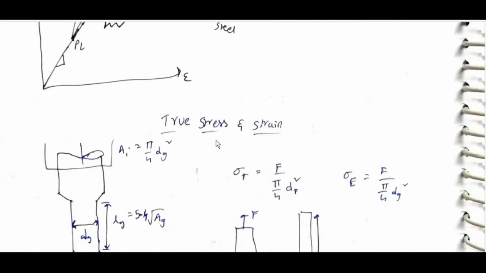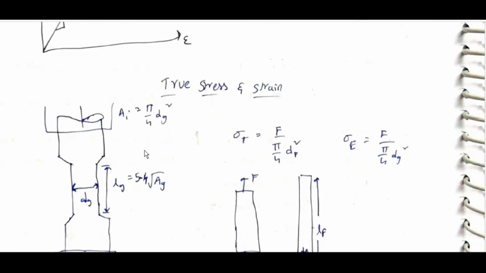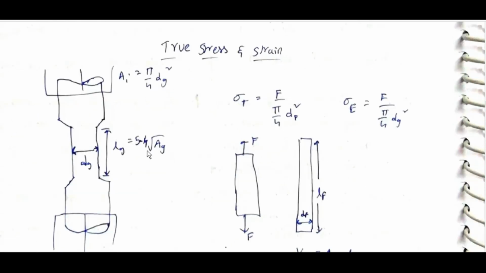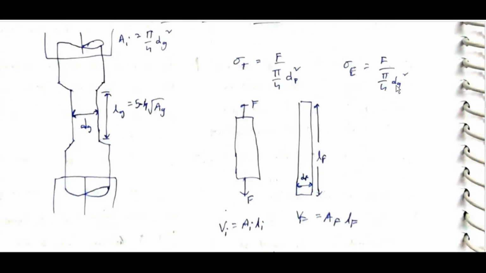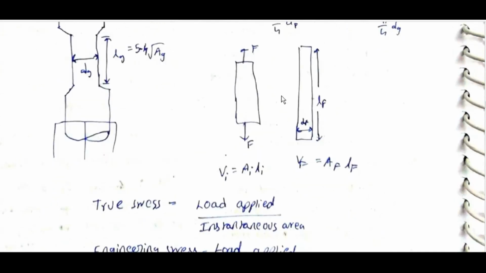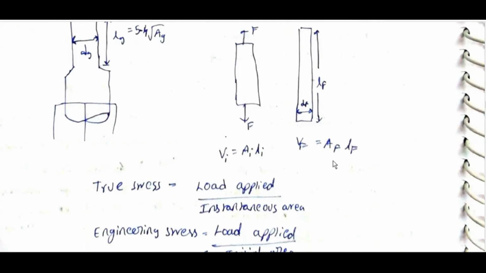True stress and true strain diagram. A is equal to pi by 4 d square, initial and final. Sigma t is equal to F by pi by 4 df square. Sigma e is equal to F by pi by 4 di square. This is true stress, this is engineering stress. Vi is equal to Ai Li, Vf is equal to Af Lf.